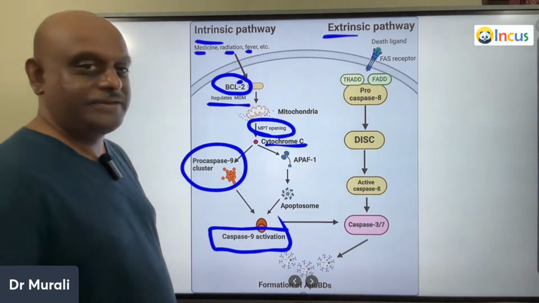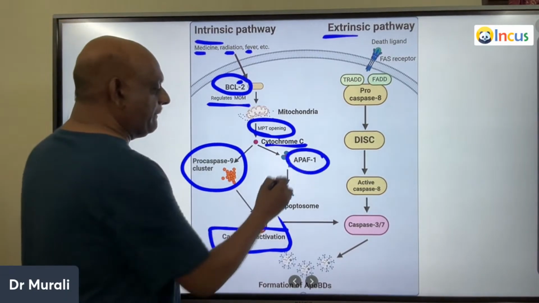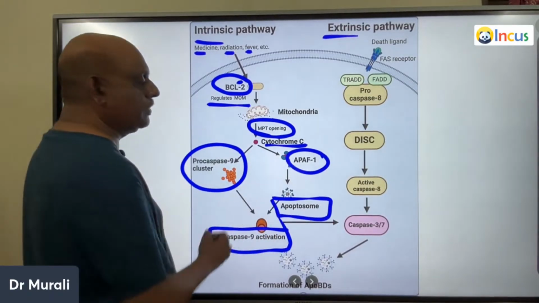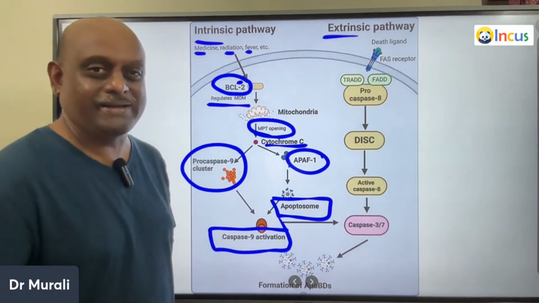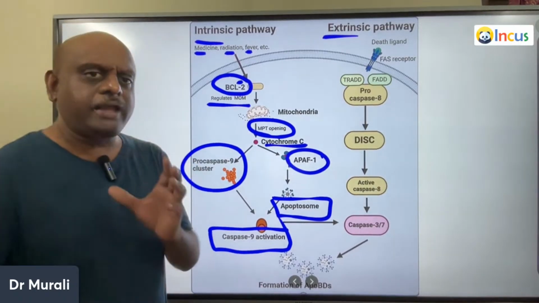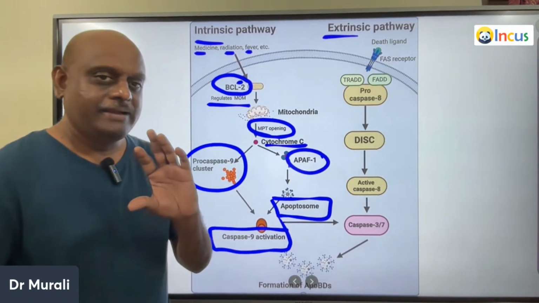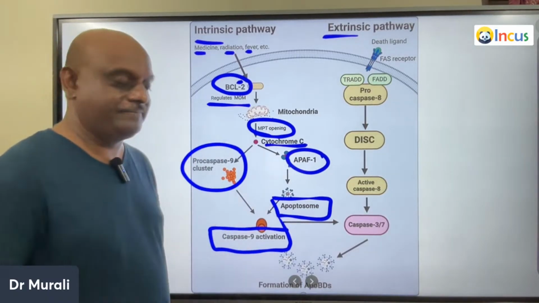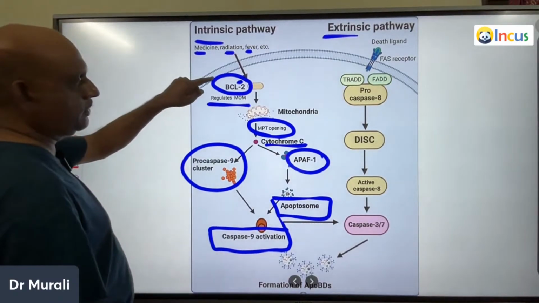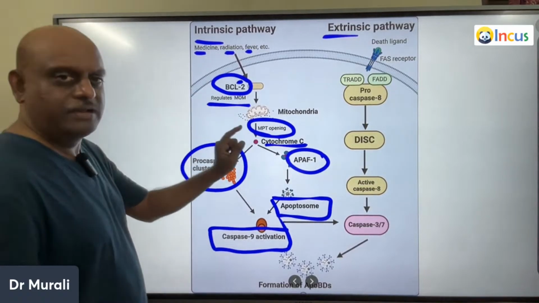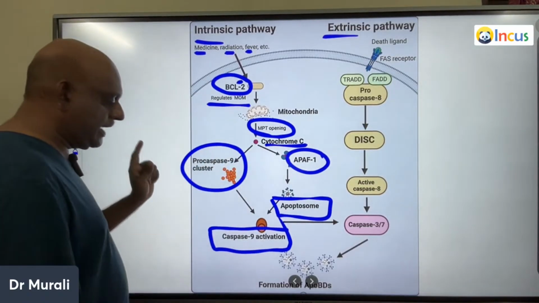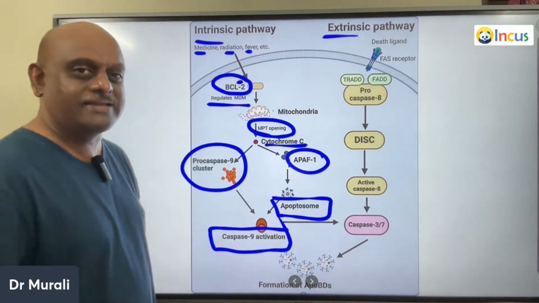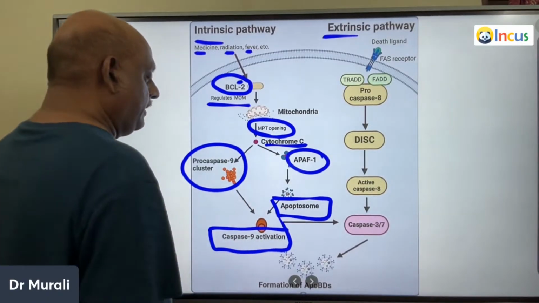Similarly, cytochrome C will cause APAF1 to stimulate the formation of the apoptosome. Remember the keywords: BCL2, MOM, MPT, cytochrome C, procaspase 9, caspase 9, APAF1, apoptosome. Inevitably one question will come on apoptosis in pathology.